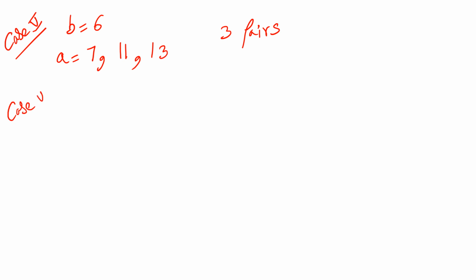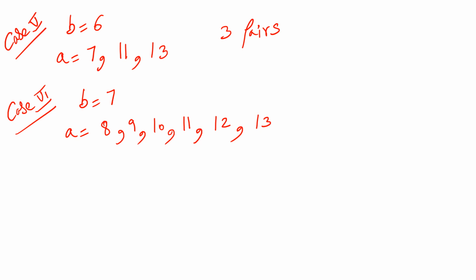Then we discuss the sixth case. In this, I am taking b equal to 7. Now the possible values of a are 8, 9, 10, 11, 12, 13, 15, and 16. So that means we get 8 pairs.